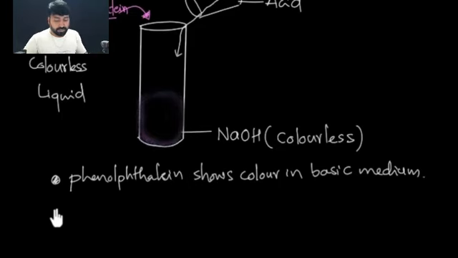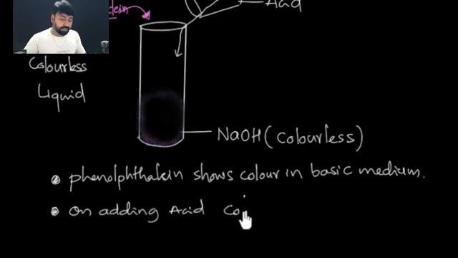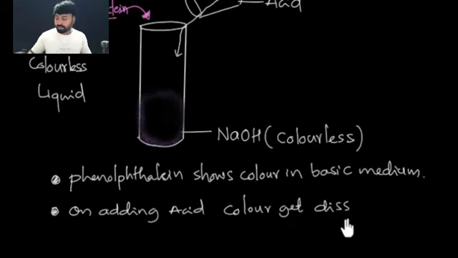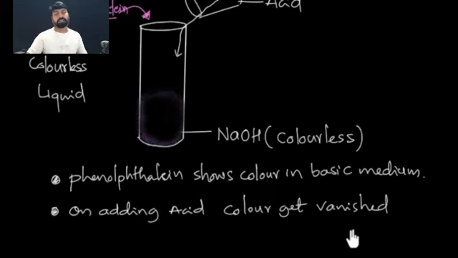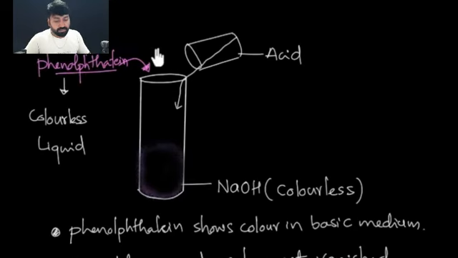So when that happens, let me write this point. On adding acid, color gets disappeared, or color gets vanished. Instead of calling it disappeared, it is just vanished. It is removed. Now again, to the same container, if I add a few drops of NaOH, again you will be surprised that the pink color reappears.